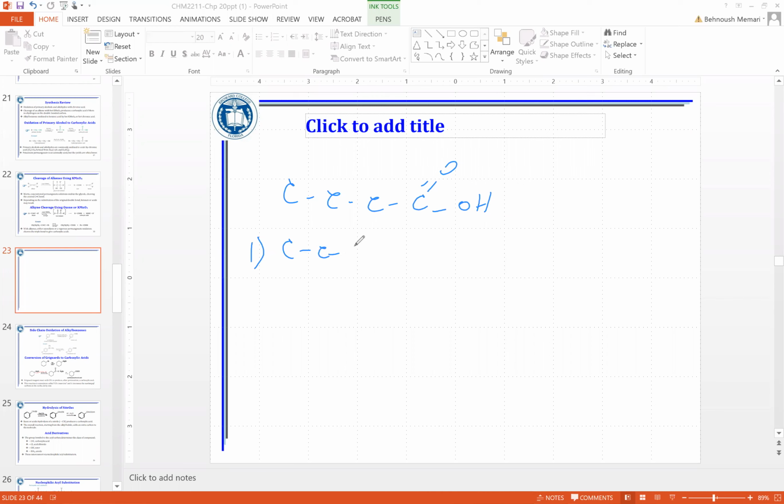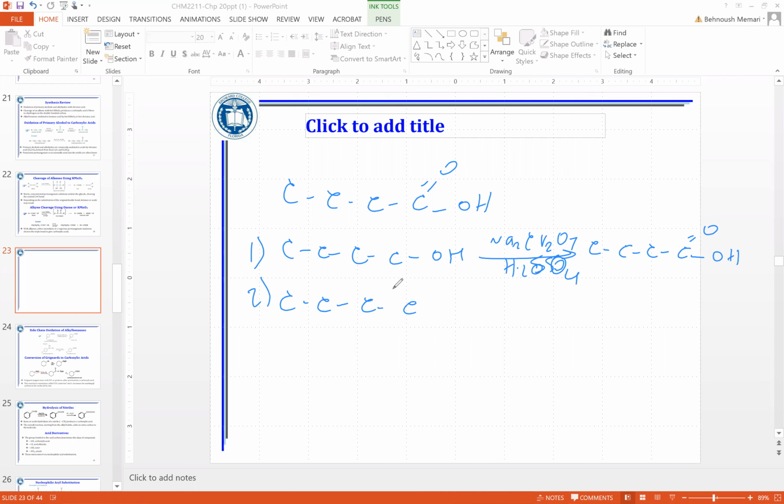One of the methods would be to use primary alcohol. With the primary alcohol, you can use a strong oxidizing agent, H2SO4 with sodium dichromate. This would take the primary alcohol to carboxylic acid. Another method would be to use aldehyde with 4 carbon.